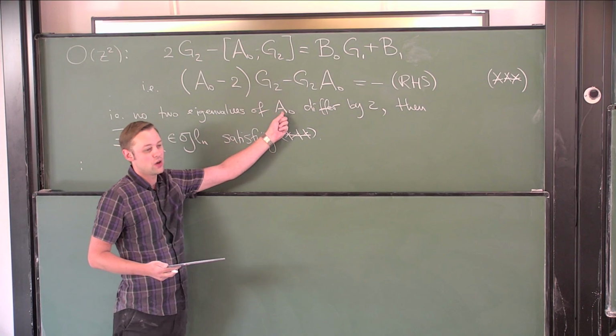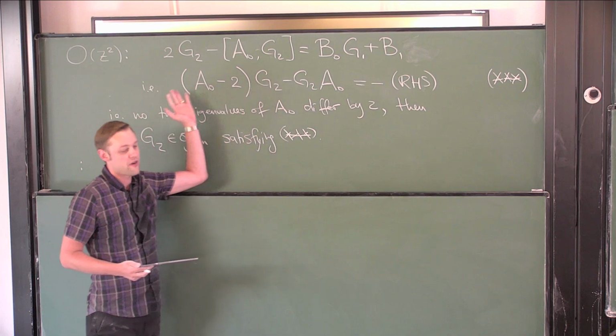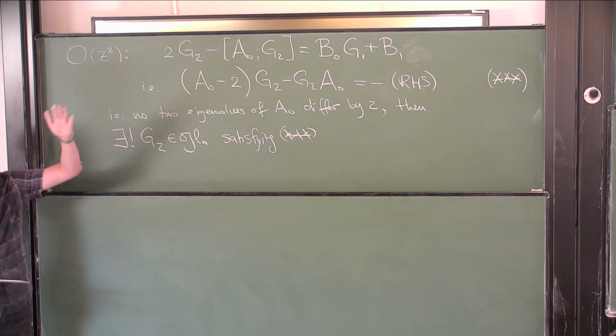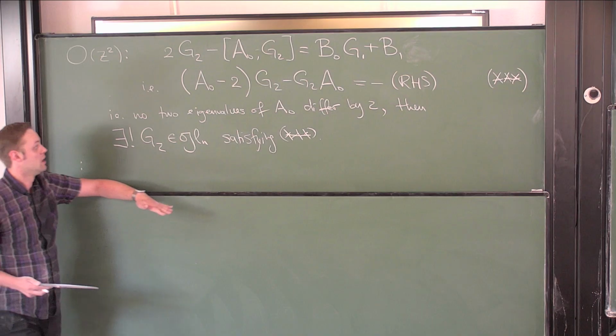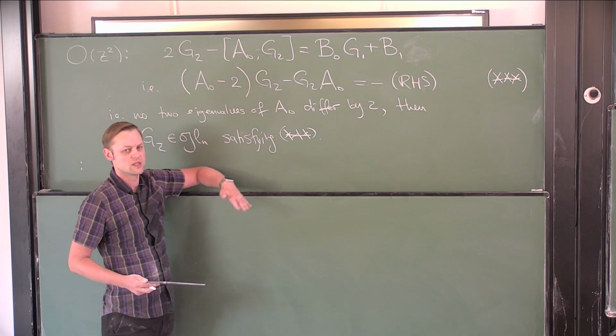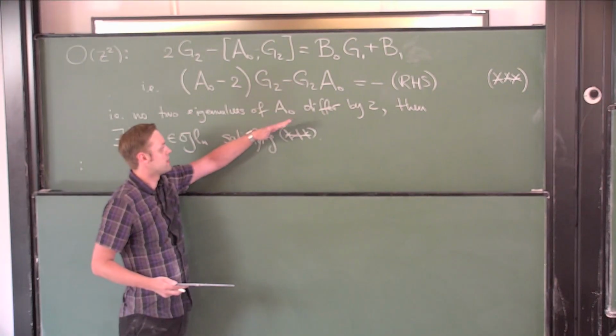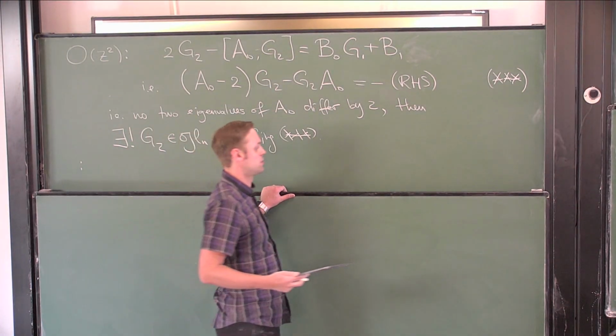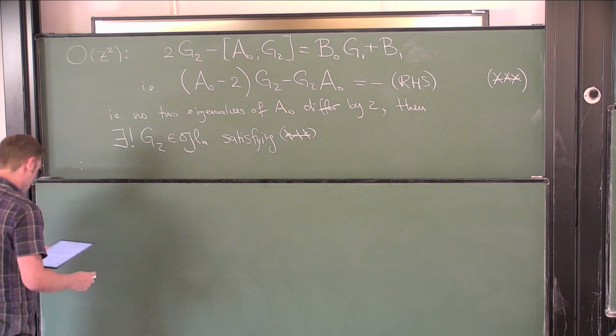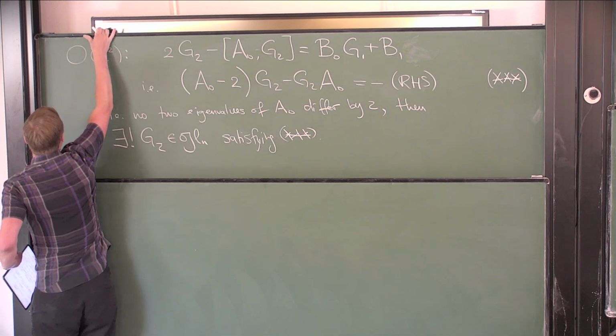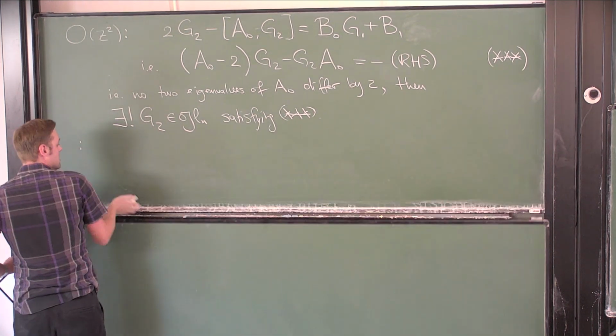But because A naught has finitely many eigenvalues, I'm guaranteed that at some step in this process that condition will definitely be satisfied for all k following. So systems like this are very famous.